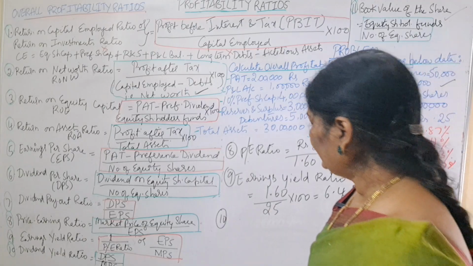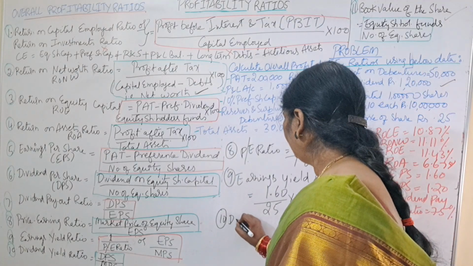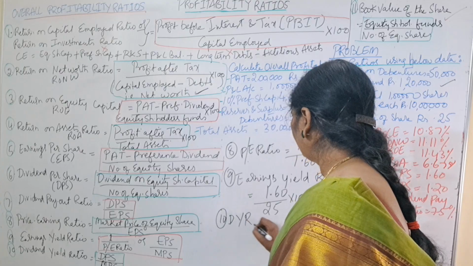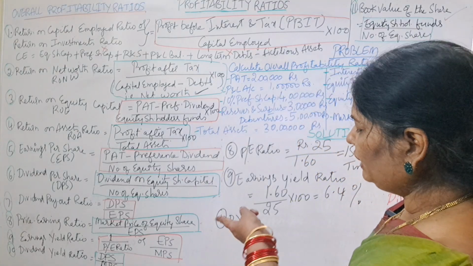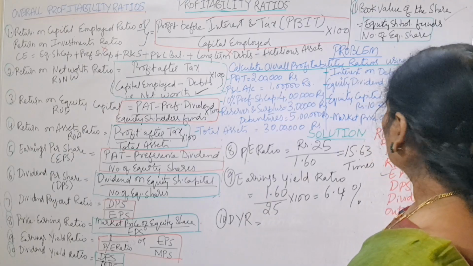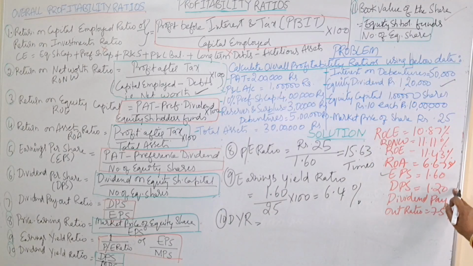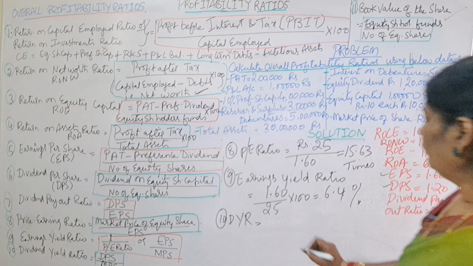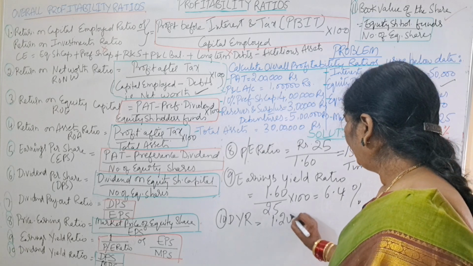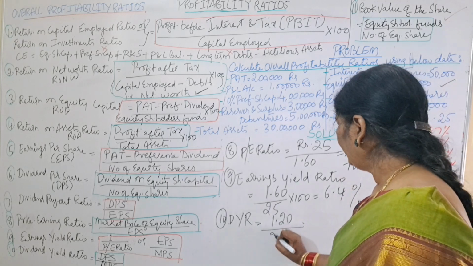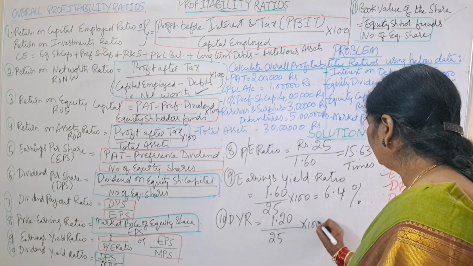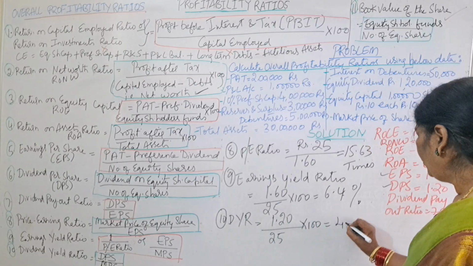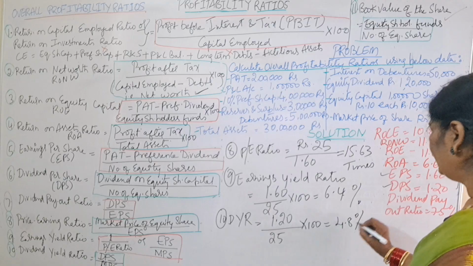10th one is dividend yield ratio. Dividend yield ratio. So that I have written as DYR. So what's the formula? DPS by MPS. So what is our DPS? 1 rupee 20 paisa. This is our DPS. 1 rupee 20 paisa divided by what is our market value of the share? 25 into 100. So it is how much? 4.8 percentage.